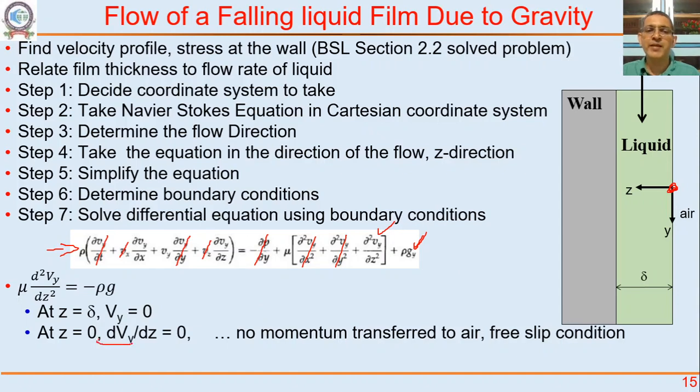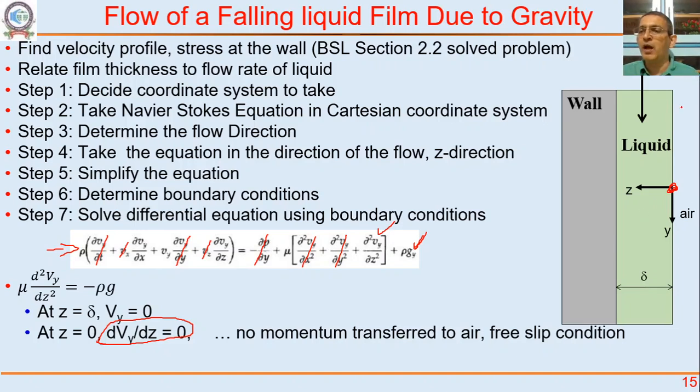This is called a free slip condition. It means the velocity of the liquid can be anything. It is totally independent of the air velocity. There is complete slip between the air and the liquid. Liquid movement is not hampered, or liquid movement is not because of the air.